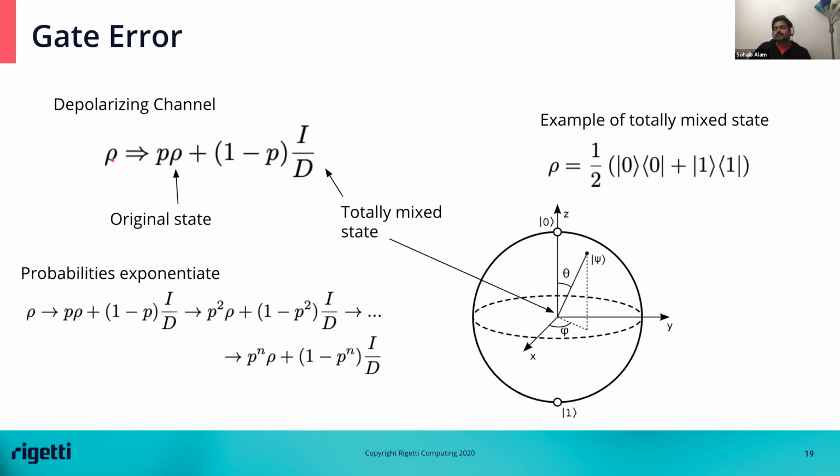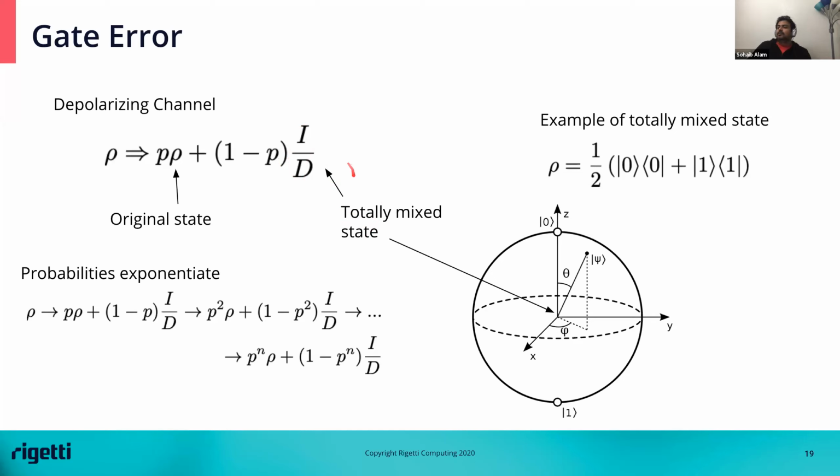You have some initial state rho, and it could be some pure quantum state, or it could be a mixture of pure quantum states. We're making no such assumptions, but it's some quantum state rho. Once it passes through this depolarizing channel, with some probability p it remains in its original state rho, and with remaining probability it becomes this so-called totally mixed state.